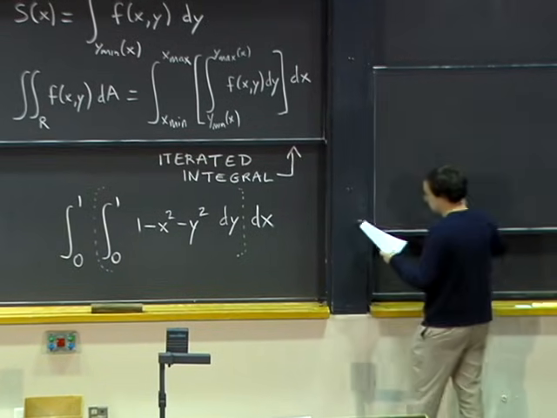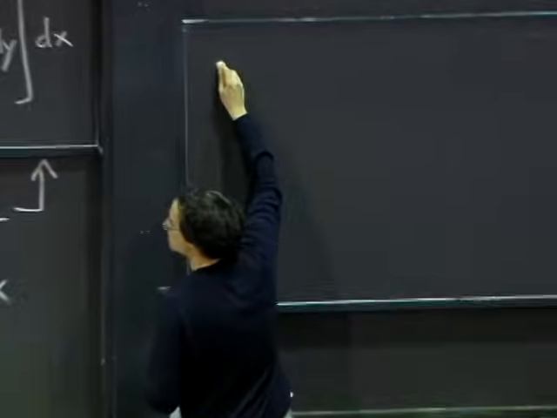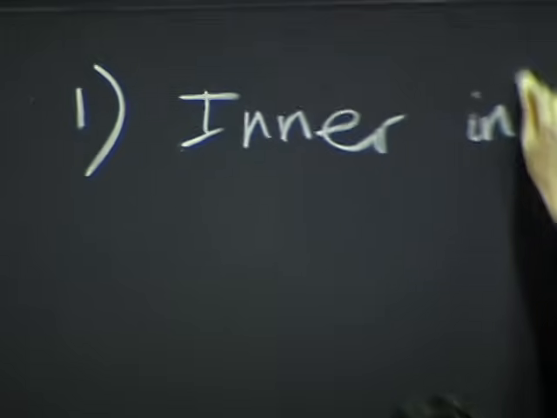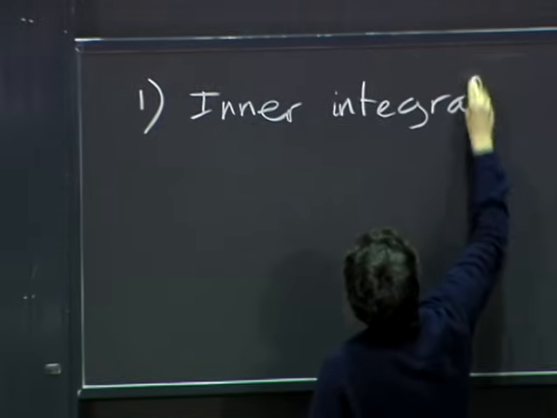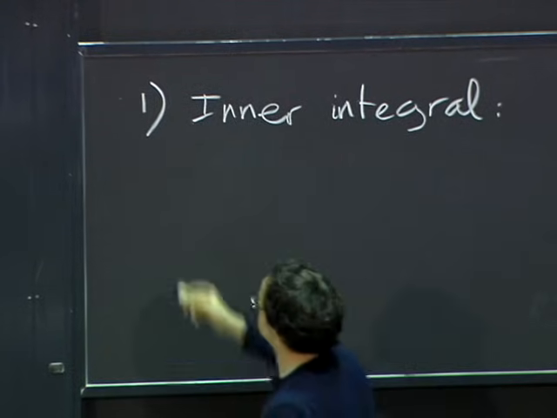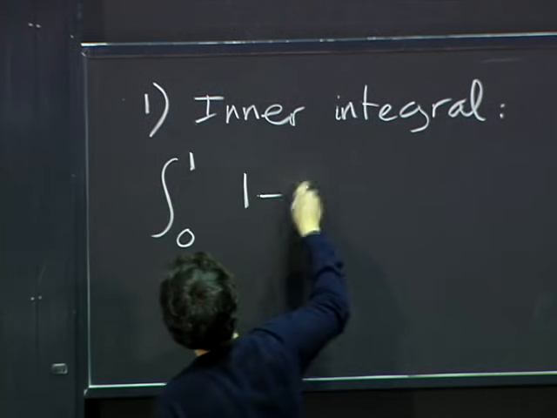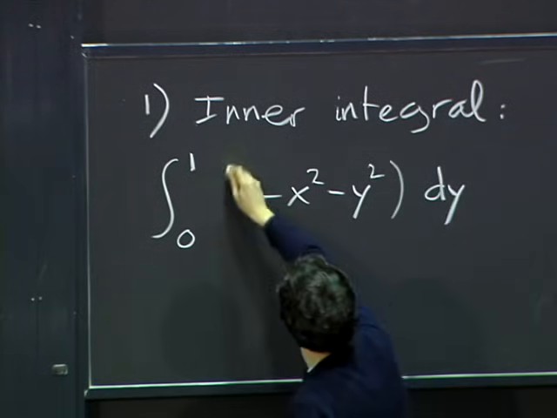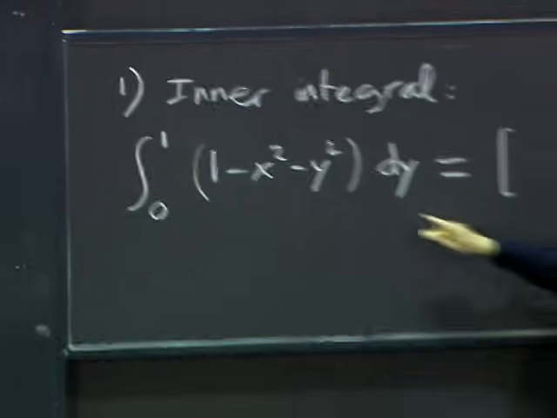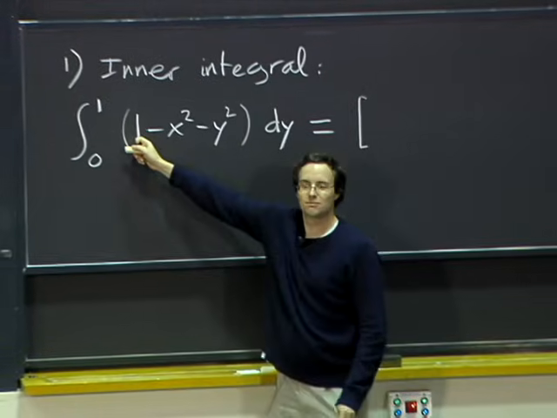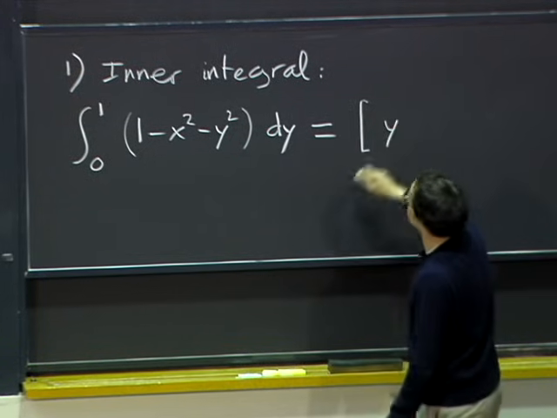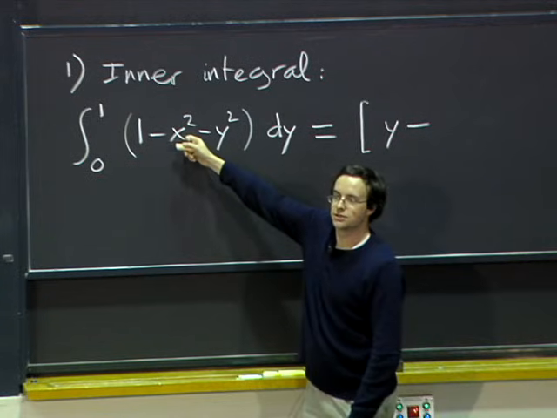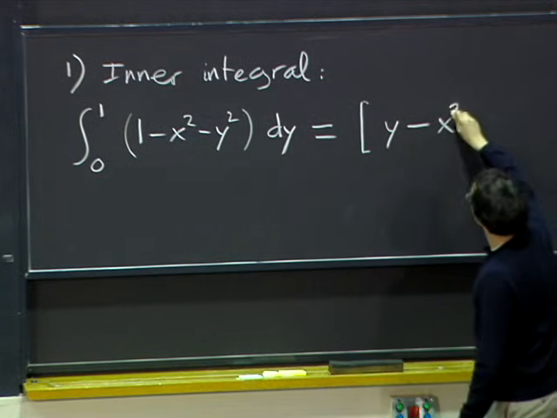What I will do to evaluate this, I will first do what's called the inner integral. To do the inner integral, it's pretty easy. How do I integrate this? What's the integral of 1? It's y. The only thing to remember is we're integrating with respect to y, not to x. The integral of x squared is x squared times y.